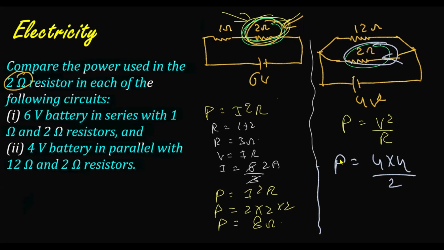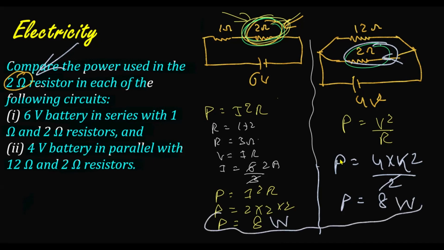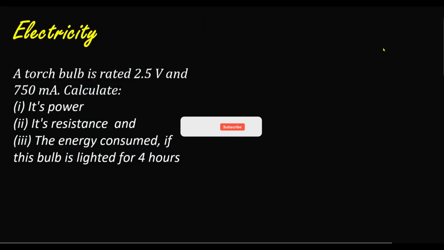You can see the question, you have to get power across the 2 ohm resistor here. So this can be reduced by 2 times, so power comes out to be 8 watt. So we'll find that power in both cases are same. So this is how we will do this question.